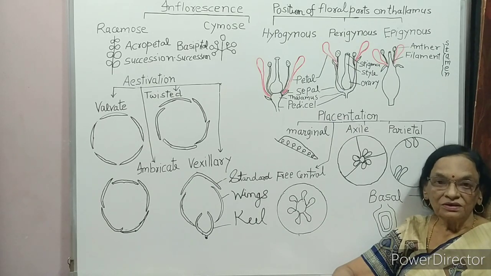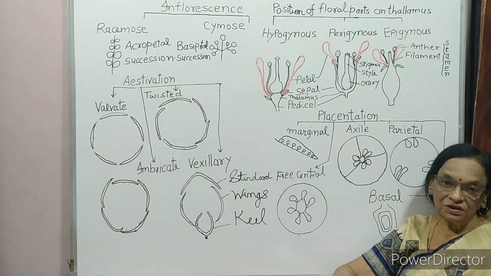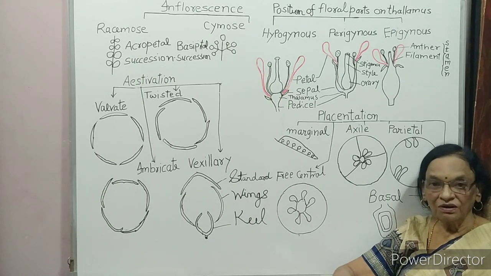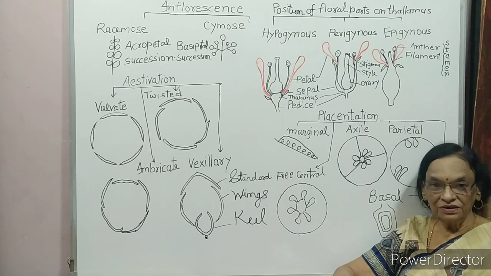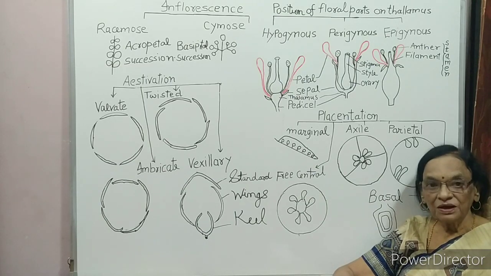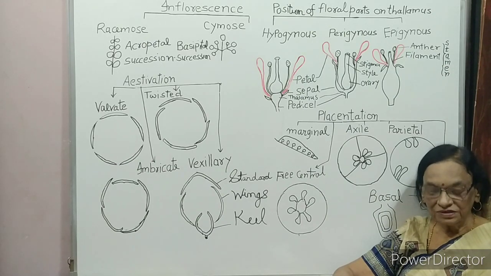Any plane that passes through the center and divides the organism into two equal halves is called radial symmetry. In flowers, it is called actinomorphic. Examples of actinomorphic flowers are mustard, datura, etc.